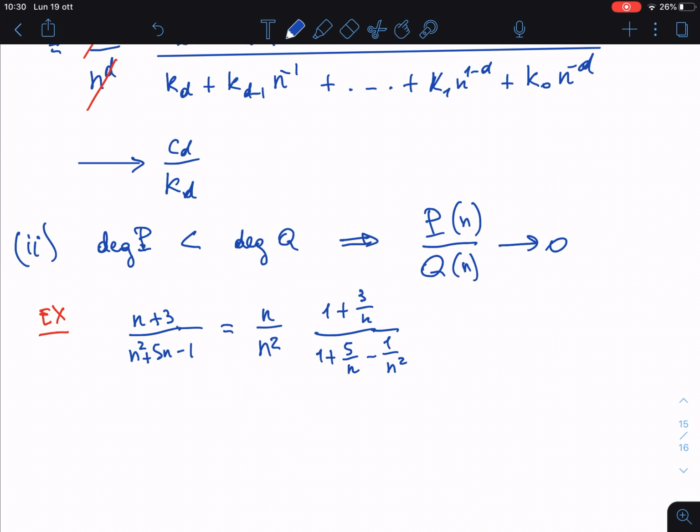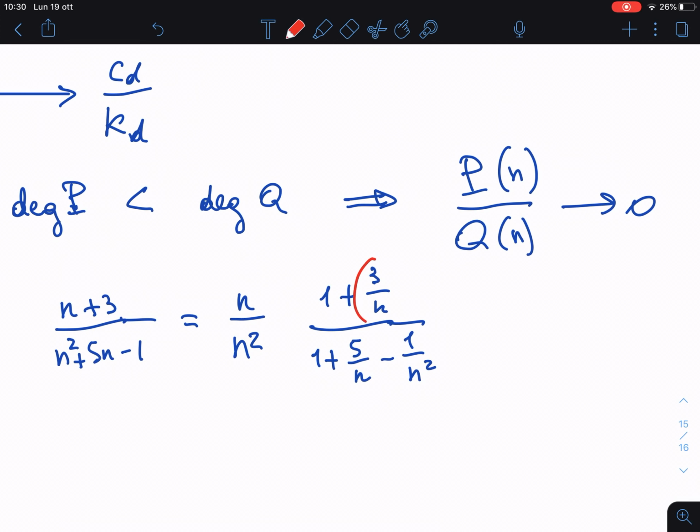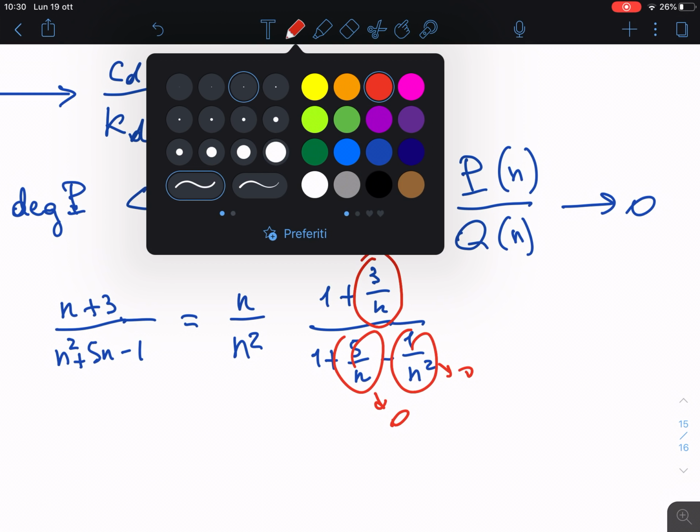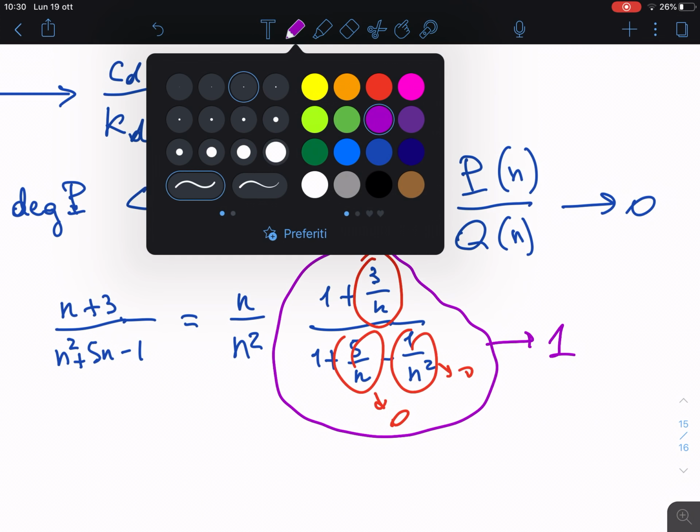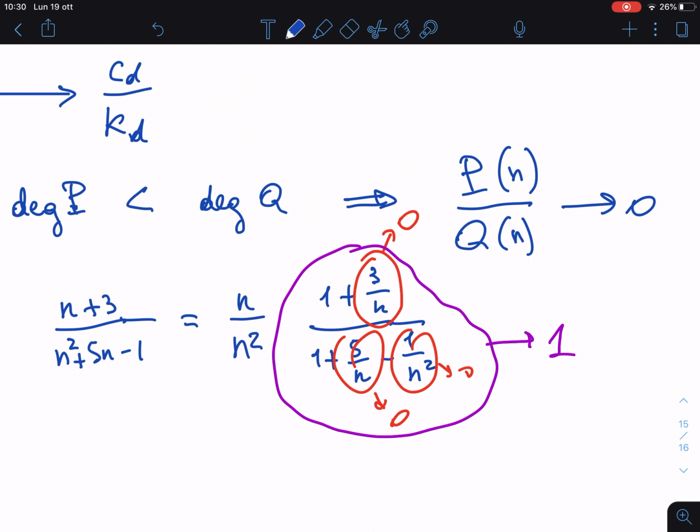So we can reason exactly in the same way as before. So here we have that this goes to 0 and this goes to 0. By using the whole algebra of limit, I don't want to detail every step, but at the end you have that this ratio goes to 1, and here you have n over n squared, and this is 1 over n, and this goes to 0.